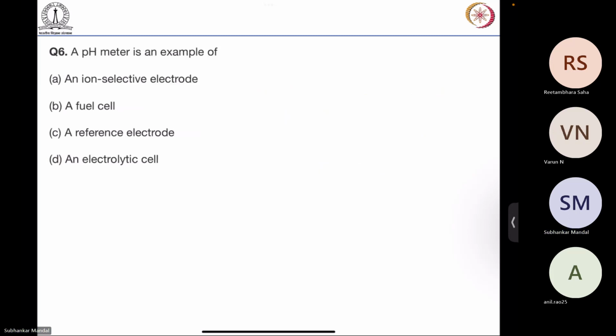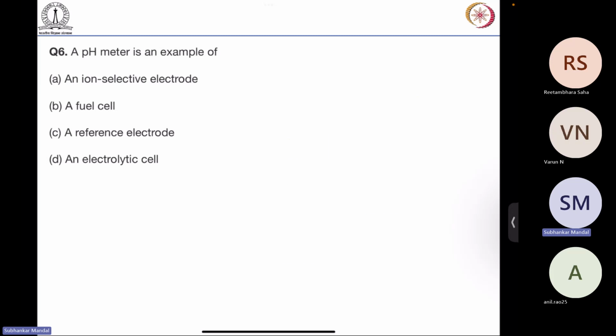Okay. So question number 6: a pH meter is an example of an ion selective electrode, a fuel cell, a reference electrode, or an electrolytic cell. So which one will be the answer? An ion selective electrode.